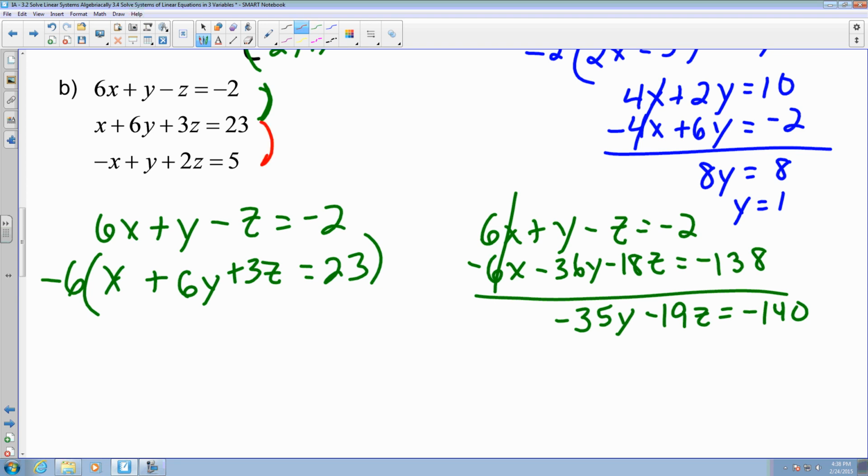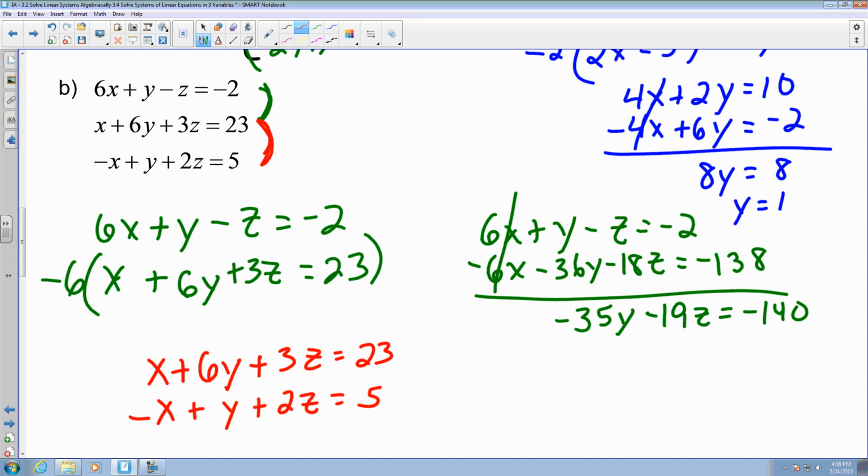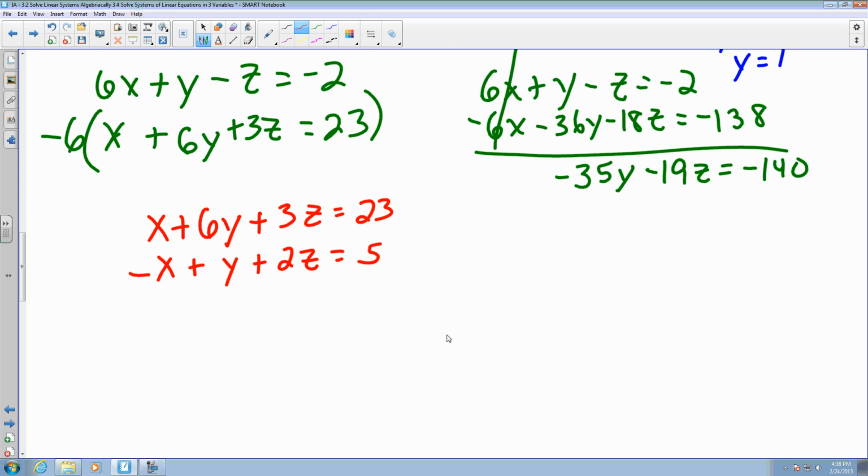Now I go over here and I pay attention to the middle and bottom two equations. So I got x plus 6y, excuse me, plus 3z equals 23. And I got -x plus y plus 2z equals 5. Now, these are already opposite coefficients of each other, so I can just cancel those out right away.